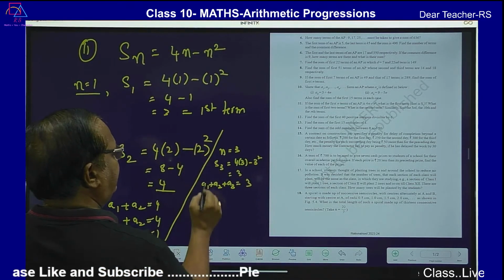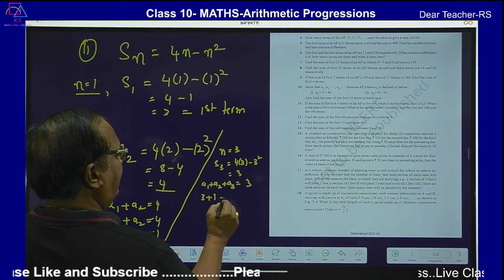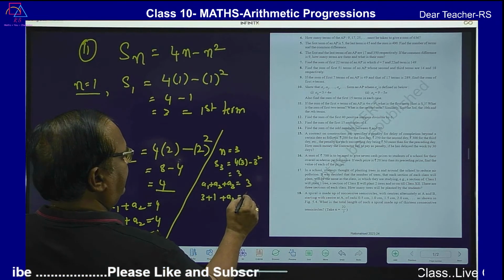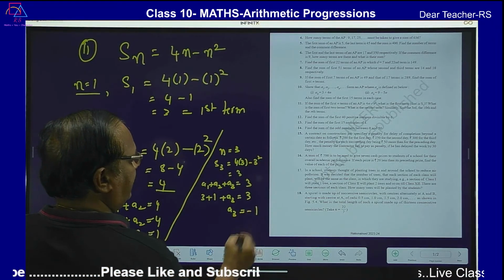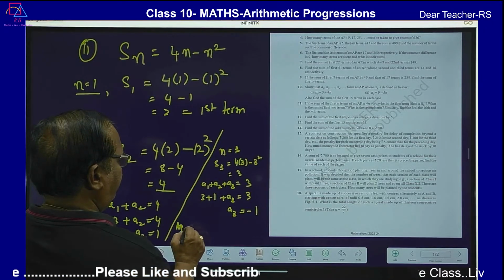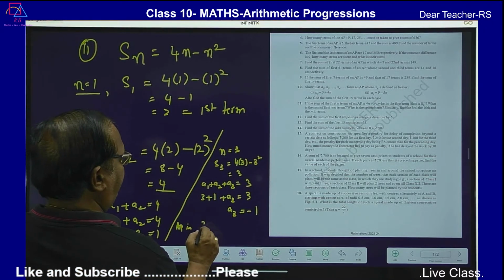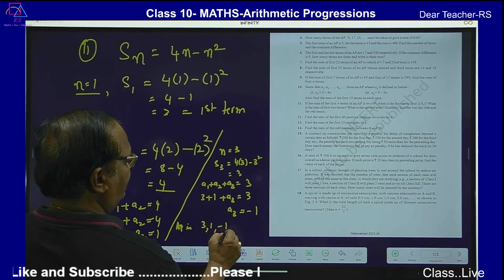A1 value is 3, A2 is 1, and A3, so A3 is equal to 3 minus 4, that is minus 1. Then how will you get the AP? The progression is 3, comma 1, comma minus 1, and so on.